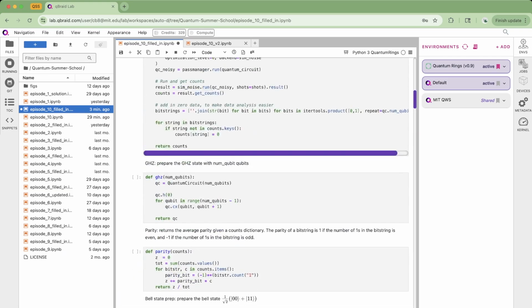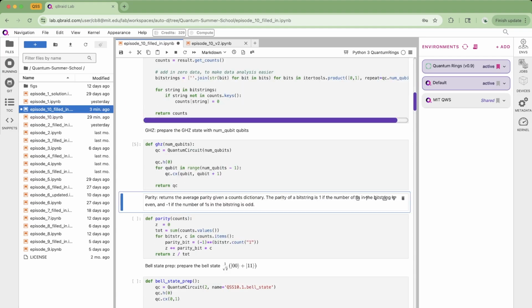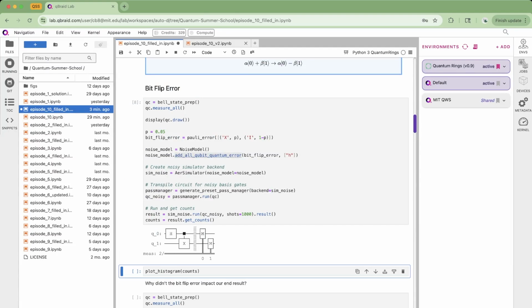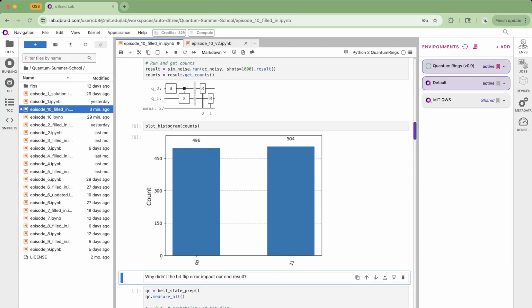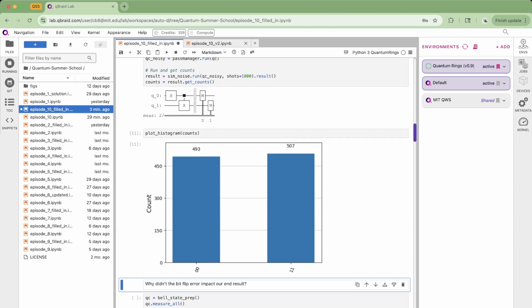Oops. You should run all of these cells first. Okay, so there's our little circuit, and we can see the histogram of counts, and we measured 0,0 or 1,1 always. And our error didn't really seem to do much, and in fact, it's not going to impact us at all.